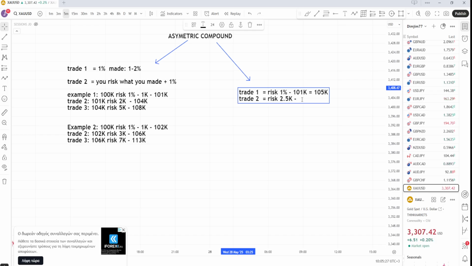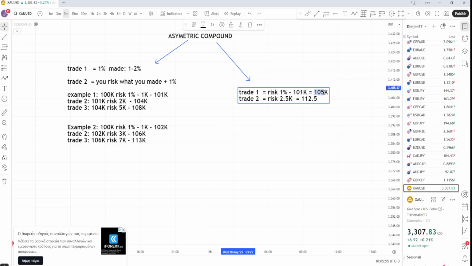It will look like that, and we'll go for, let's say, 4R, we'll go to 112.